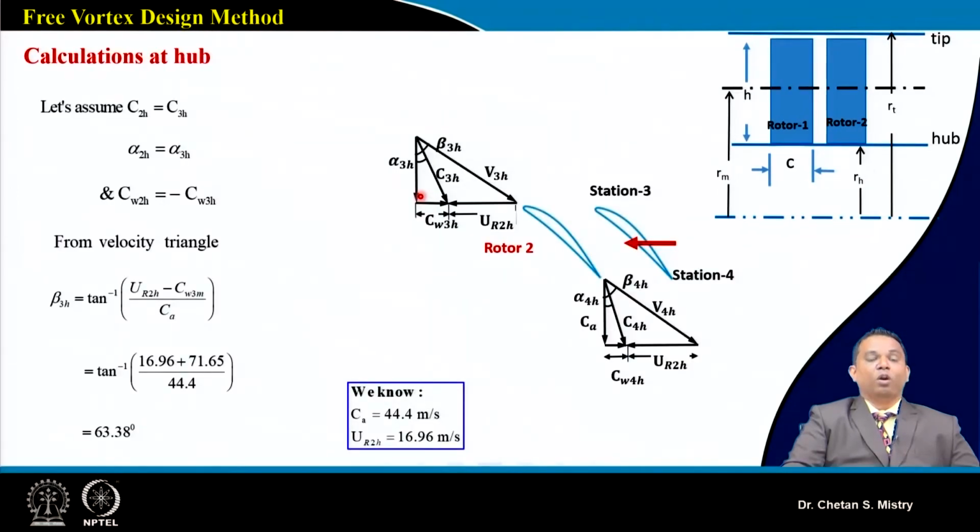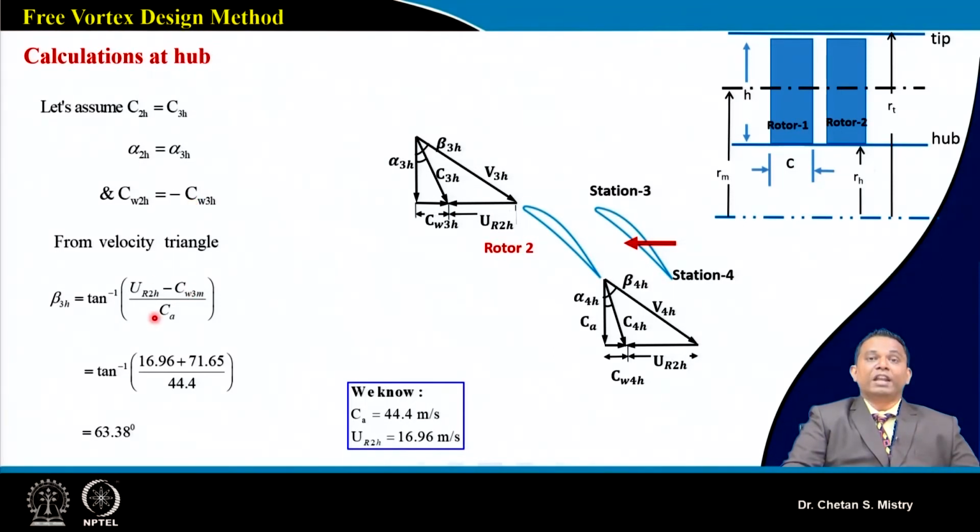Okay. Now, in line with what we have discussed for design, here we will calculate the flow parameters at the hub station. As we have discussed, in this case we take C2 equal to C3, alpha 2 equal to alpha 3, and that's the reason CW2 equals minus CW3. Be careful about that part.